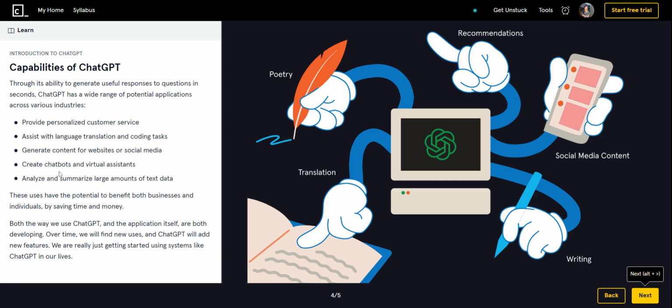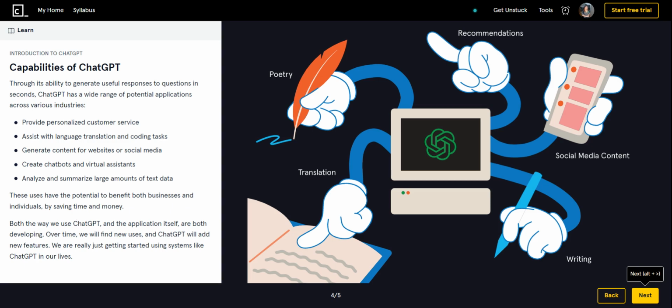That's what I was telling you earlier, guys. Create chatbots and virtual assistants. Analyze and summarize large amounts of text data. These uses have the potential to benefit both businesses and individuals by saving time and money.